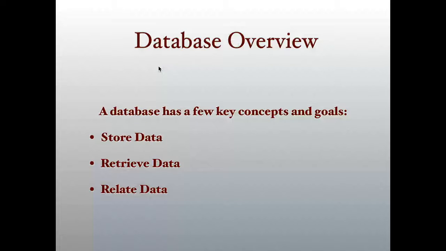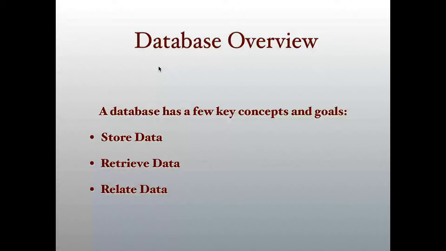If you've got a name, a street address, a city, state, and a zip code, you may want to look at everybody that has a certain zip code. You may want to look at everybody that's in a certain state. You may want to sort or filter based on all of those pieces of information. So that's where the data becomes more important.